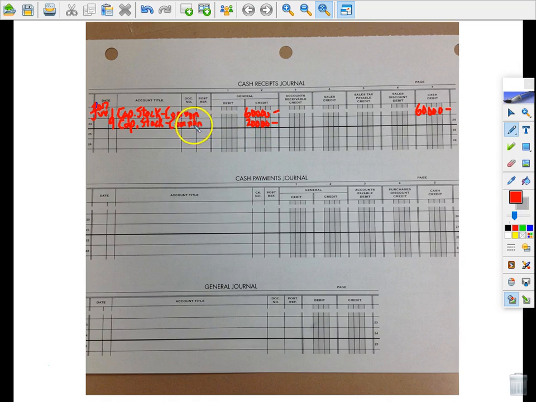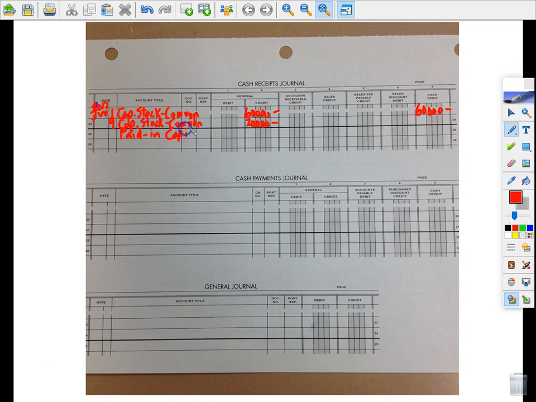So notice we always credit these capital stock common accounts for whatever the par value is. Now, we said we're going to take in more than par value. We actually took in 21,000. So that difference is going to be to a new account that we haven't dealt with before, and it's called paid in capital.